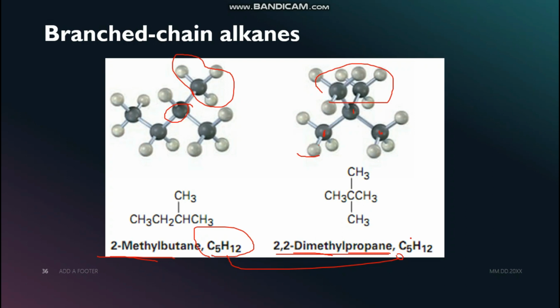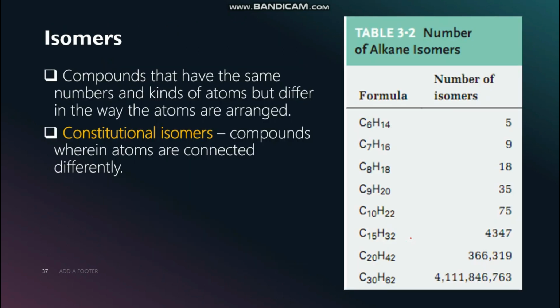So these structures are what we call isomers. Okay. So these compounds have the same numbers and kinds of atoms, but they differ in the way that their atoms are arranged. And also, we have here the number of alkane isomers. So in hexane, C6H14, meron siyang 5 possible structural formulas or isomers.